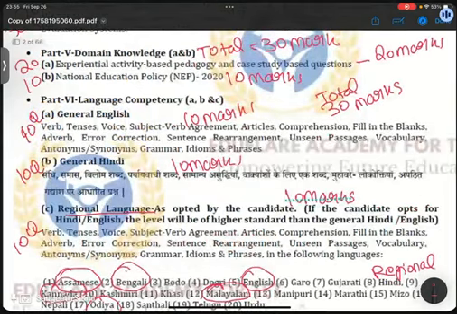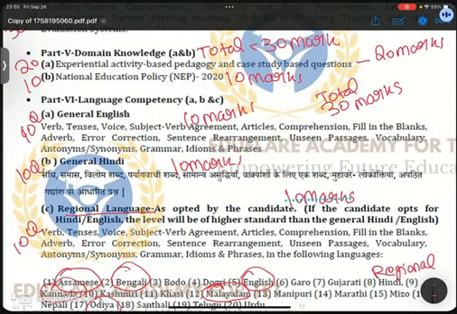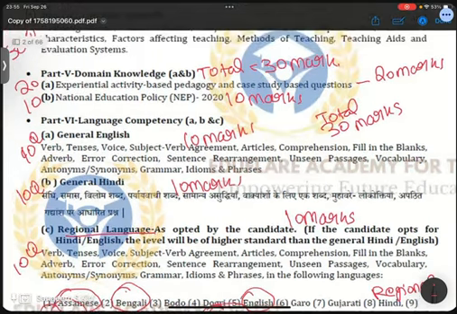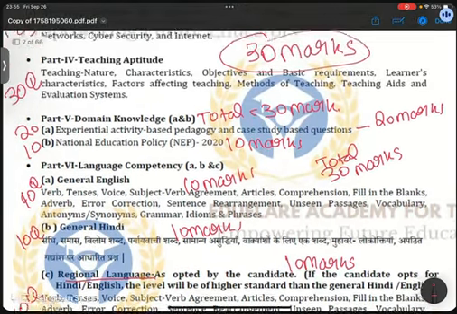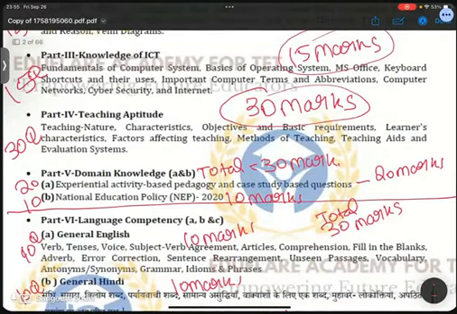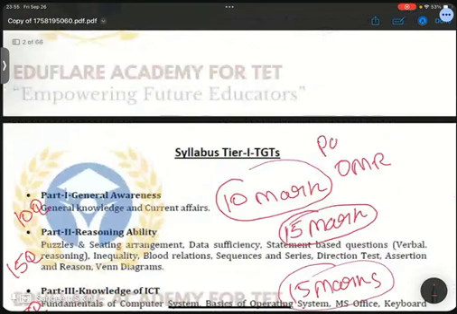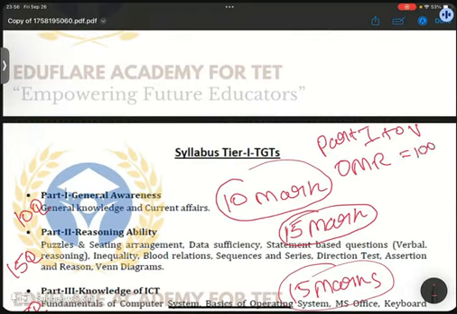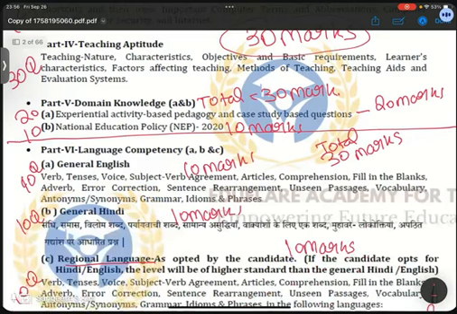In the case of PGT, part 6 has 20 questions. In the case of TGT, part 6 has 13 questions including regional languages. So this is our mark distribution. Parts 1 to 5 have 100 questions with 100 marks, and there are 13 marks for questions from language competency.